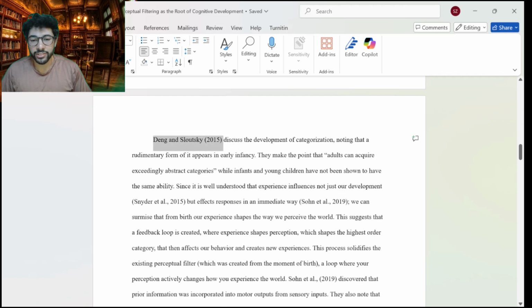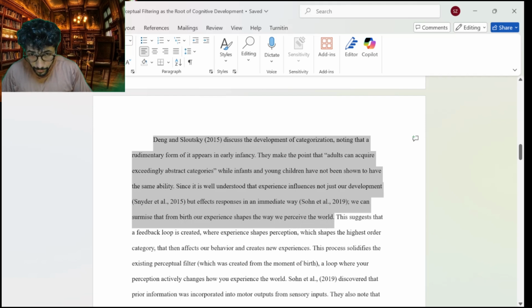So this is one of my references. Dang and Slowski discuss the development of categorization, noting that a rudimentary form of it appears in early infancy. They make the point that adults can acquire exceedingly abstract categories, while infants and young children have not been shown to have the same ability. Since it is well understood that experience influences not just our development, but affects responses in an immediate way, we can surmise that from birth our experience shapes the way that we perceive the world.